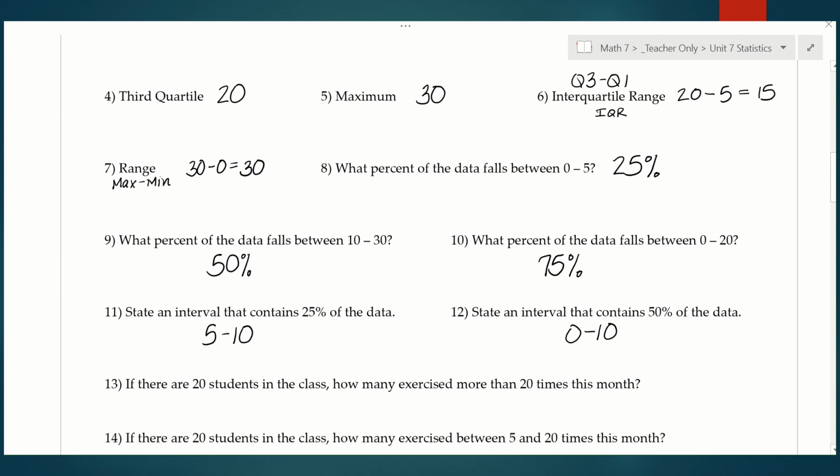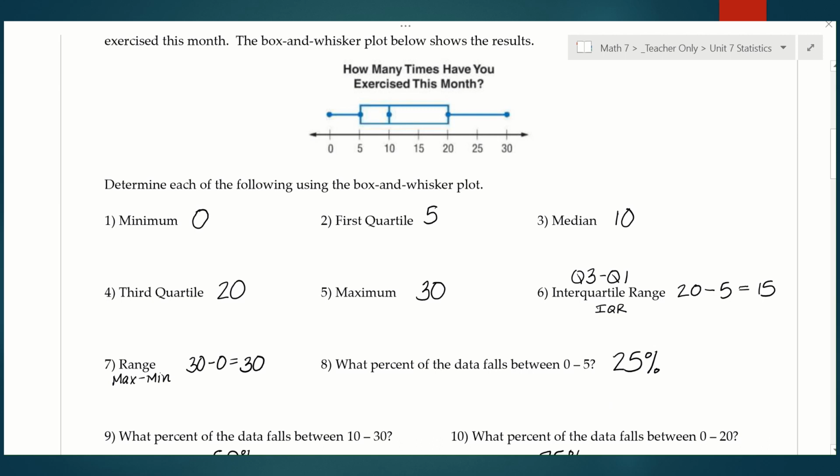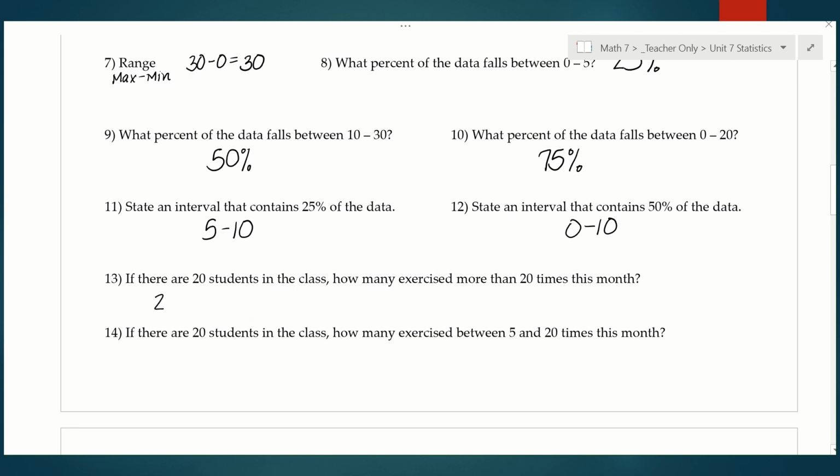The first thing we want to look at is what percent of students exercised more than 20 times this month. If I go back up here, it looks like 20 or more times is my whisker at the end, so that's 25%.